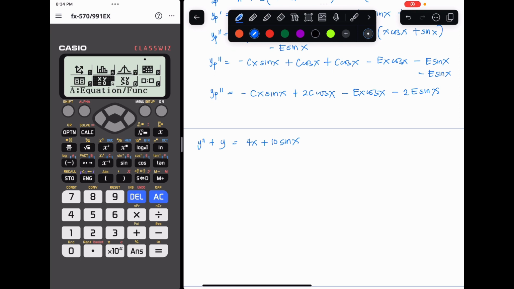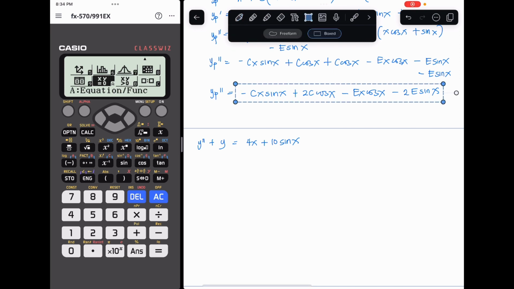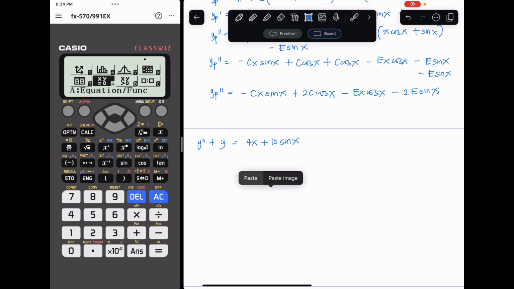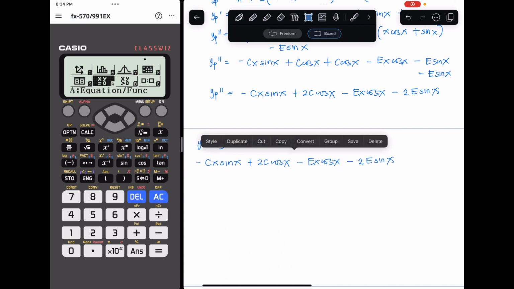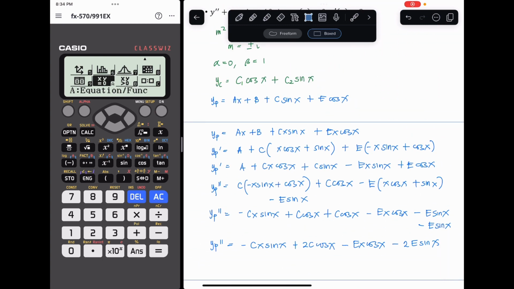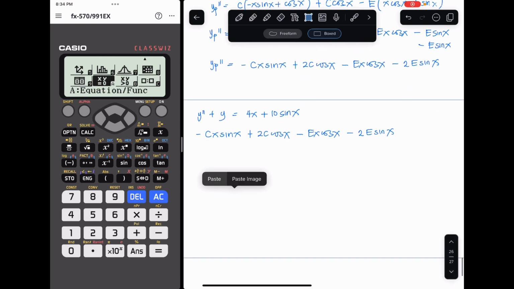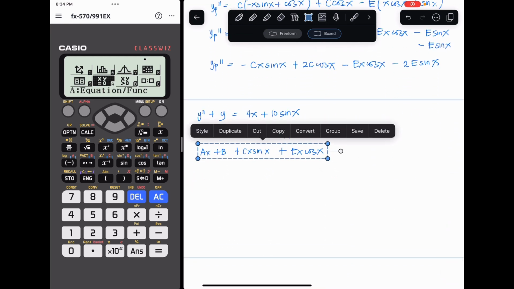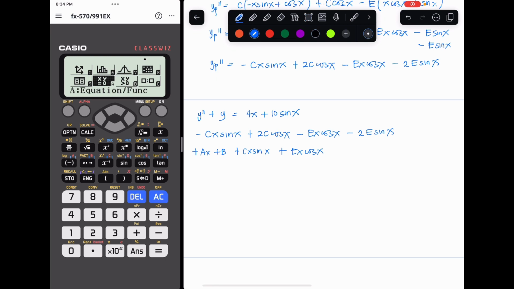I'm just going to copy yp double prime, and then plus y, which is the one that we multiplied with x, and add that, equal to 4x plus 10 sine x.